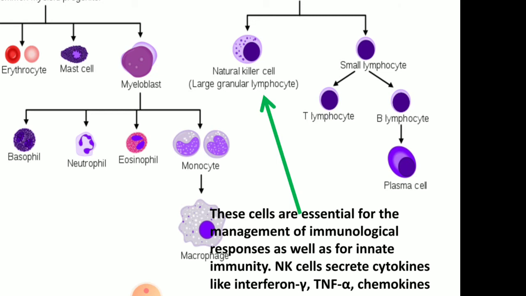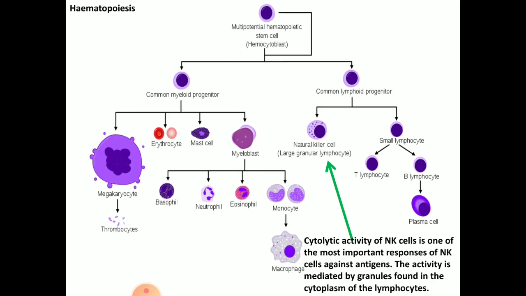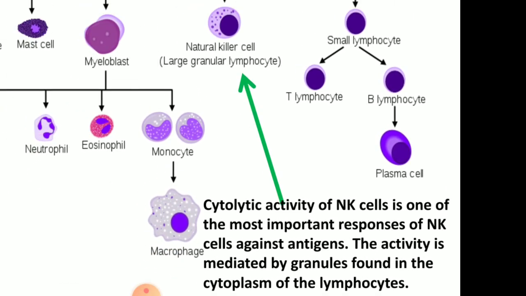These cells are essential for the management of immunological responses as well as for innate immunity. Natural killer cells secrete cytokines like interferon gamma, TNF alpha, and chemokines. Cytolytic activity is one of the most important responses of natural killer cells against antigens.